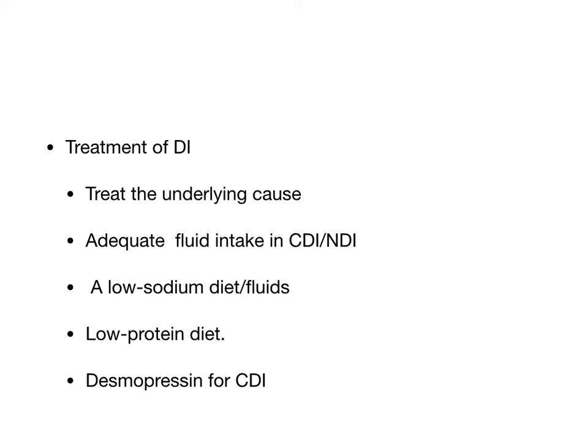Then you will see that urine output gradually comes down. The other main aspect to focus on is that in these conditions, especially nephrogenic and central diabetes insipidus, the patient will be dehydrated because of the large amount of urine produced.